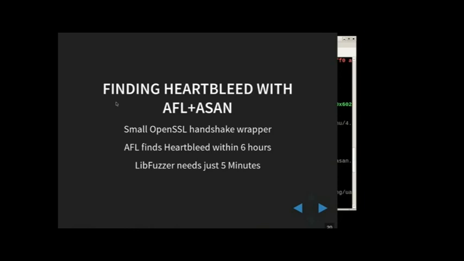It was just normal fuzzing, how I would have done it otherwise. It took 6 hours, and another tool called libFuzzer, which I will also talk about later a bit more: the developer of libFuzzer wrote me an email and said he had replicated this experiment with libFuzzer, and it only took 5 minutes. So yeah.